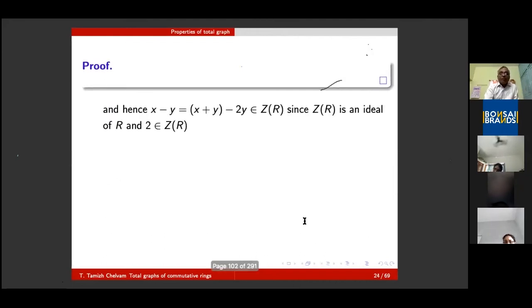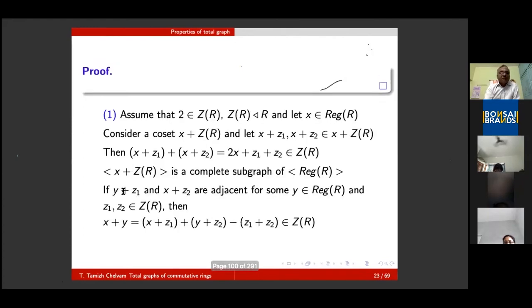Now I come to x minus y. X minus y is equal to x plus y minus 2y. This is already an element of Z of R. 2 is there, therefore 2y is there, so this is an element of Z of R. What have I taken? I have taken one element x plus z1, another element y plus z2. They are elements of two cosets.